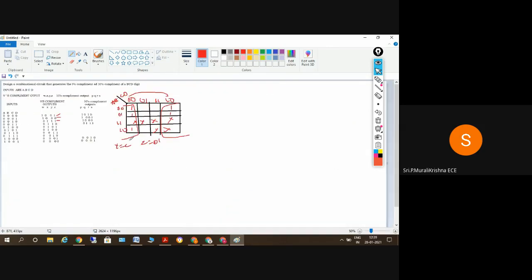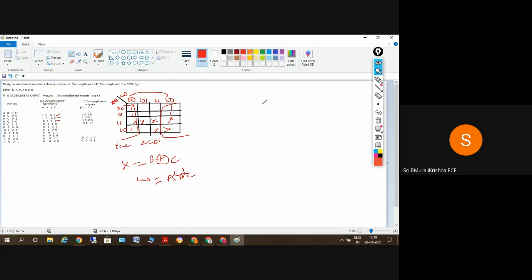Okay, and we have X is equal to B exclusive OR C, and W is equal to A bar B bar C bar. So these are the equations, and you have to draw the circuit diagram. Okay, so draw the circuit diagram for this.